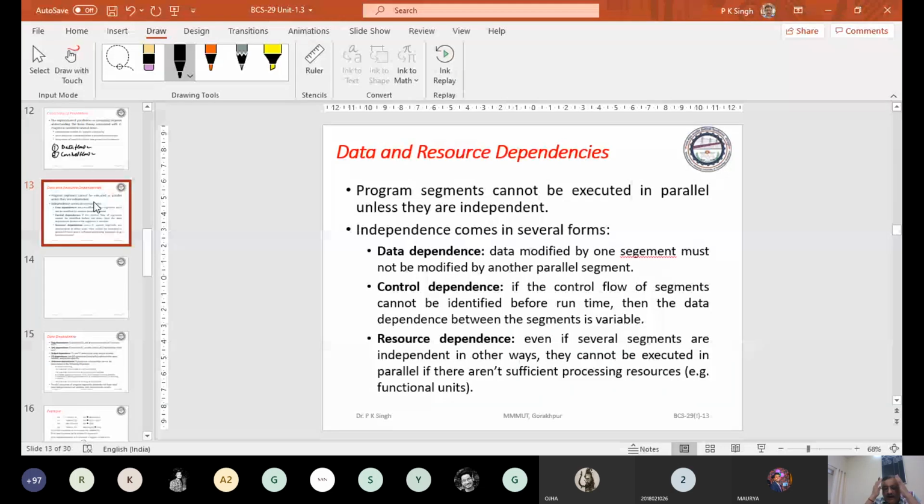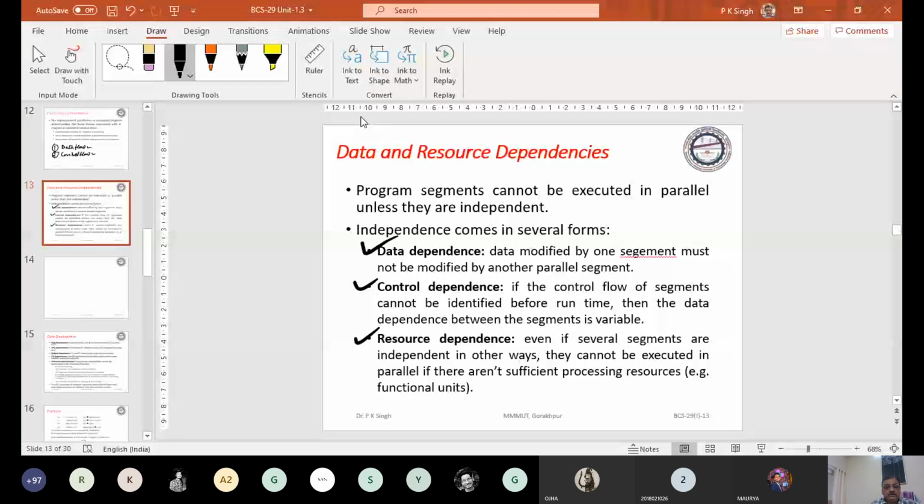To find out the dependence structure, we will consider three types of dependencies. One is data dependence, second is control dependence, and third is resource dependence. Data dependence you have just seen, due to the data flow structure of the program.